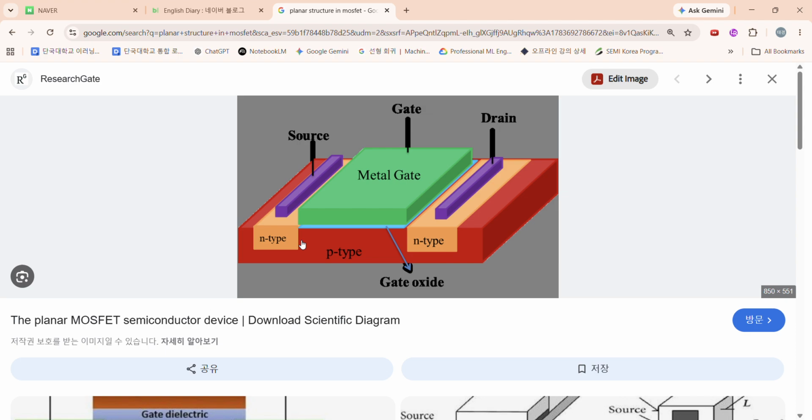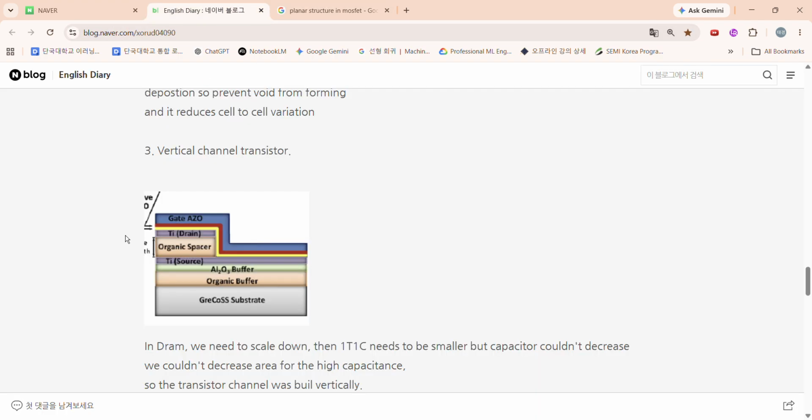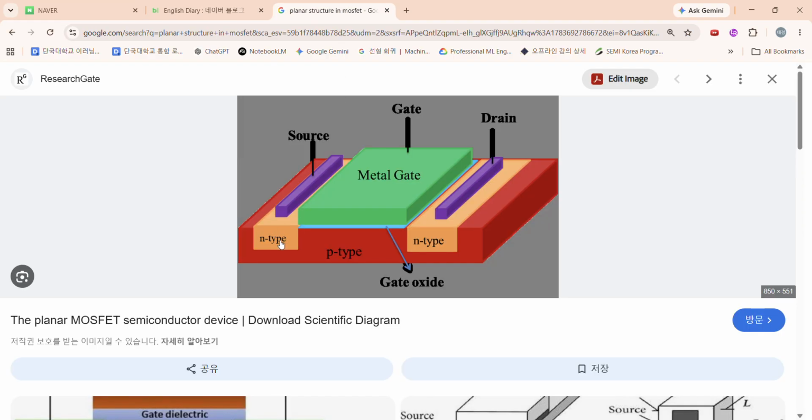Usually the channel is in the horizontal direction, but this channel is in the vertical direction. The N-types are called drain and source.